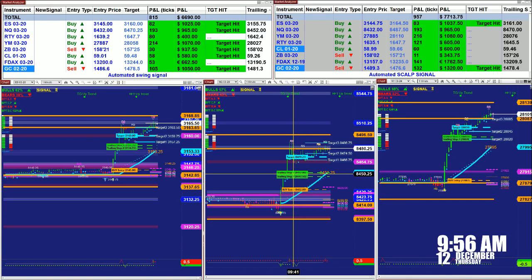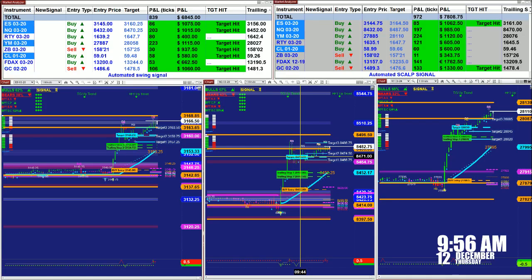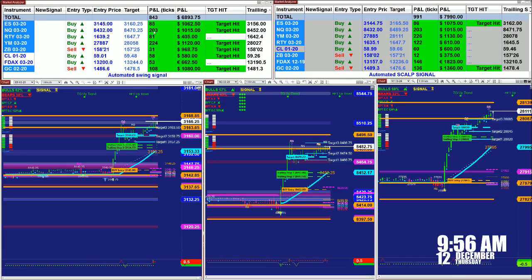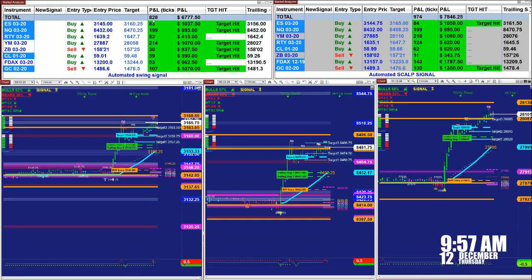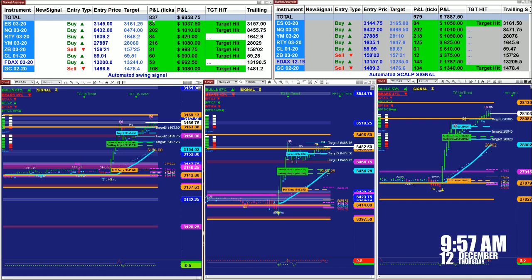Here is your fib trailing stop and target hit right at the target, and based on one contract hit 203 ticks. Total of ticks from the last entry signal is 819 ticks in the profit from the last entry signal.